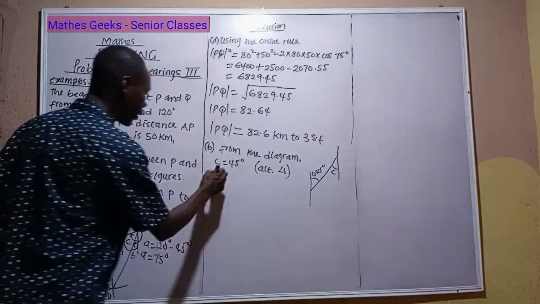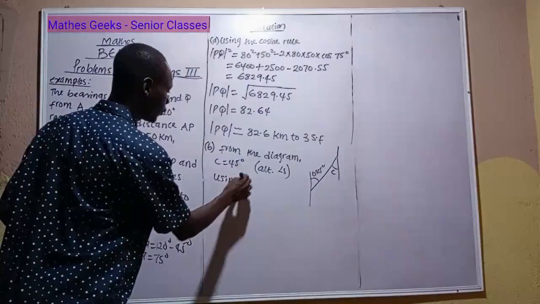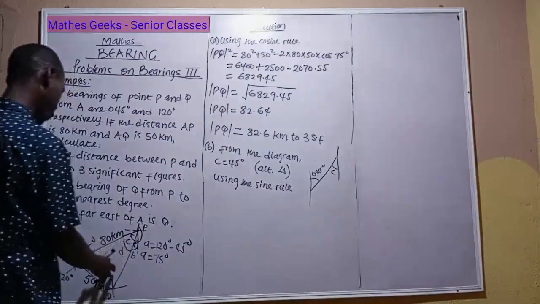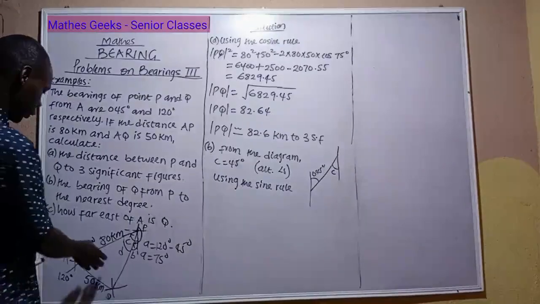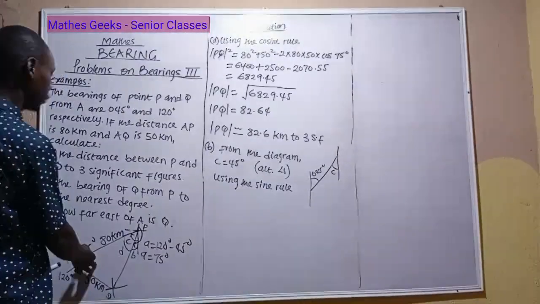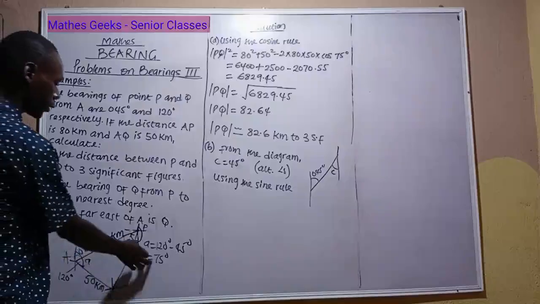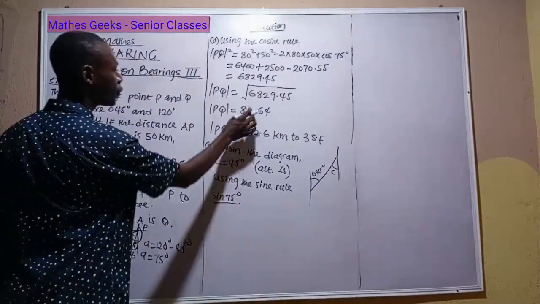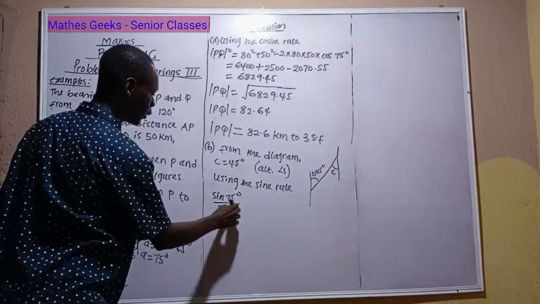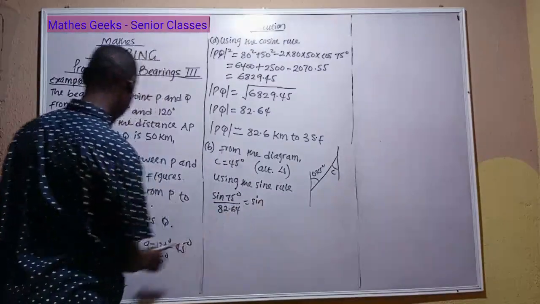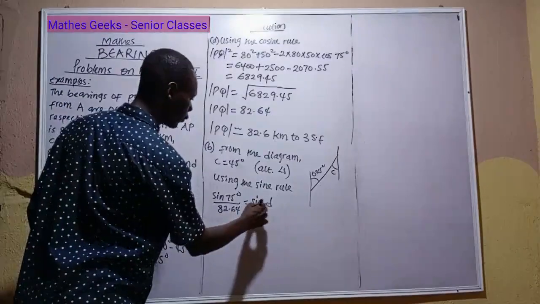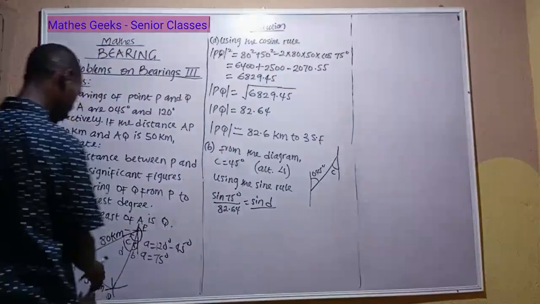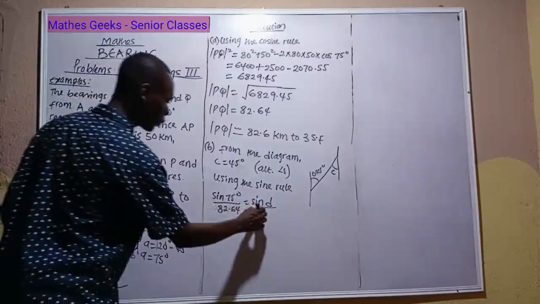So let's get angle D using the sine rule. We know this angle A is 75 degrees. So sine 75 degrees over 82.64 is equal to sine D over 50.